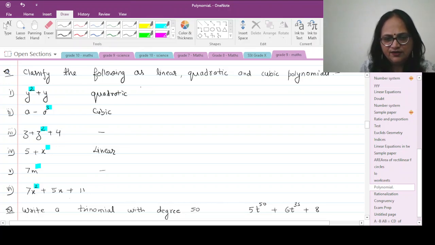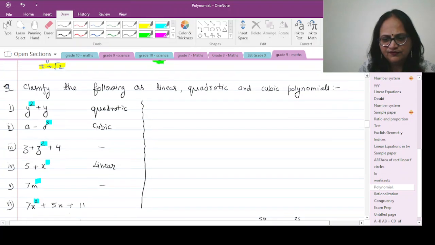Fine. If I ask you to classify them on the basis of number of terms as well. So first one, y square plus y, binomial. Second one is also binomial because we are having two terms.